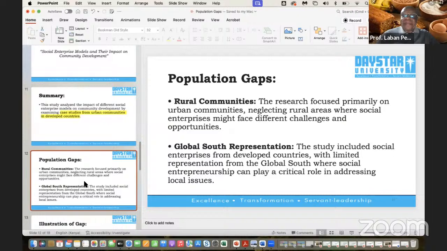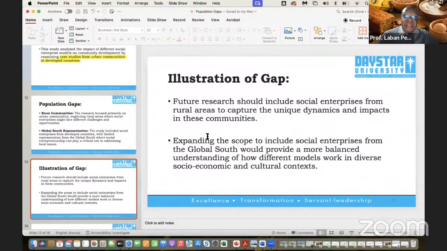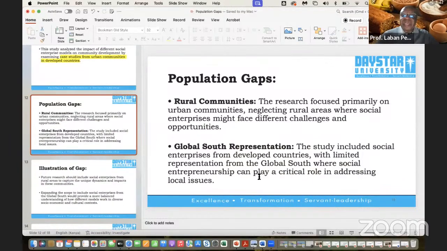So what is the gap? Rural communities. The research focused primarily on urban communities, neglecting rural areas where social enterprises might face different challenges and opportunities. How about the Global South representation? The study included social entrepreneurship from developed countries with limited representation from the Global South, where social entrepreneurship can play a critical role in addressing local issues.